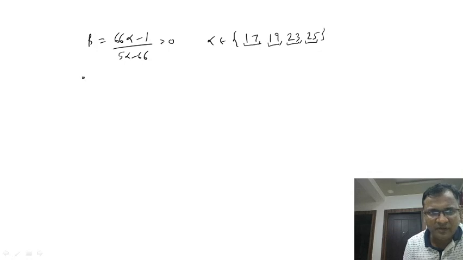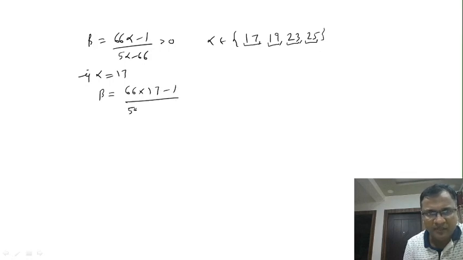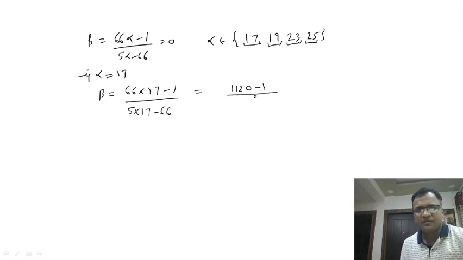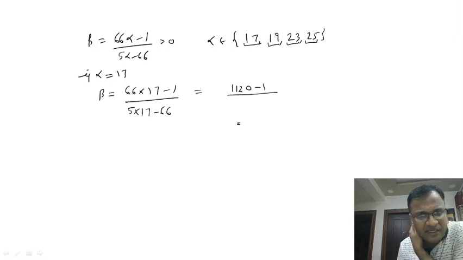So if we put alpha equal to 17, then beta is 66 into 17 minus 1 upon 5 into 17 minus 66. 17 times 6 is 102, plus 10 is 112, so 1120 minus 1 divided by 85 minus 66, which is 19.